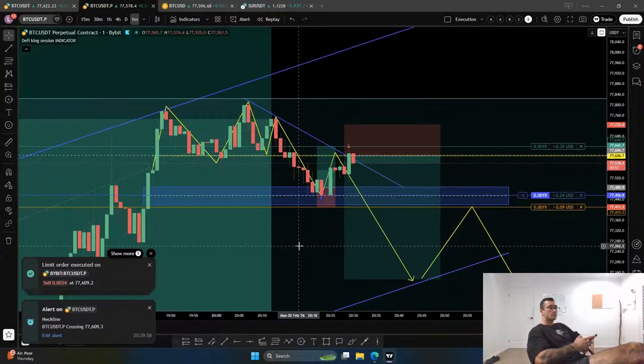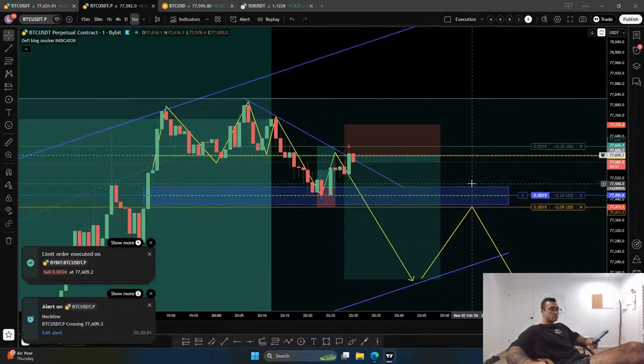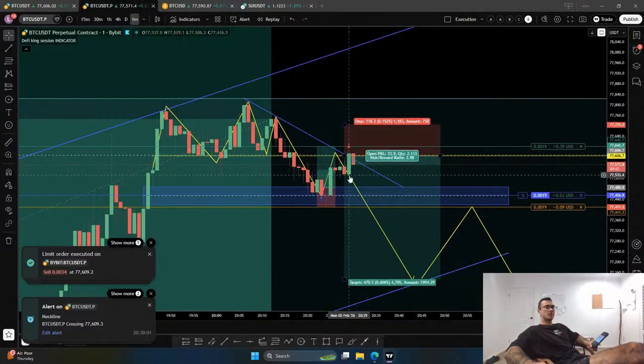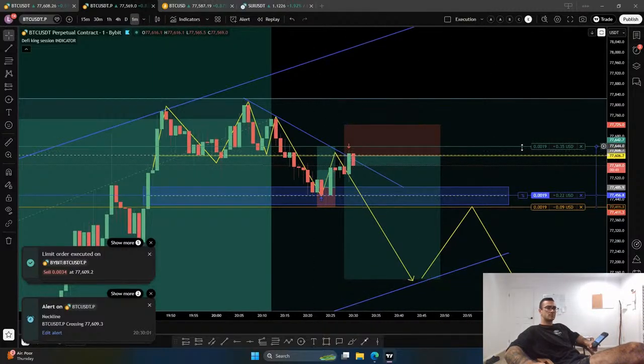Cool. So right there, limit order executed, neckline tested. Perfect. All right. So by the looks of it, we sold. Perfect right there, and we entered. Is that right?